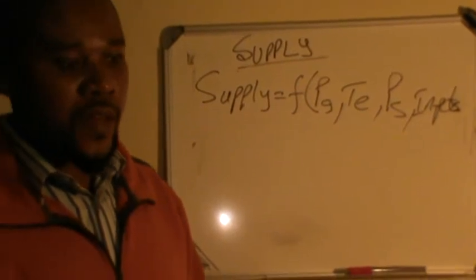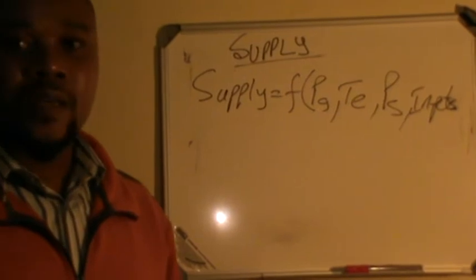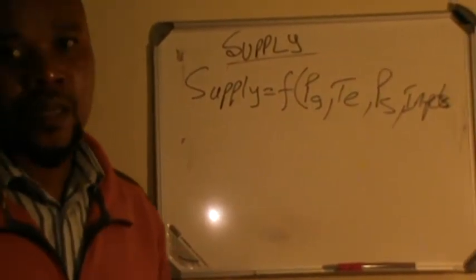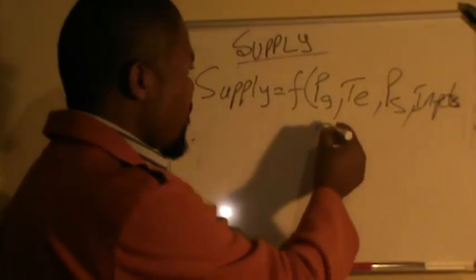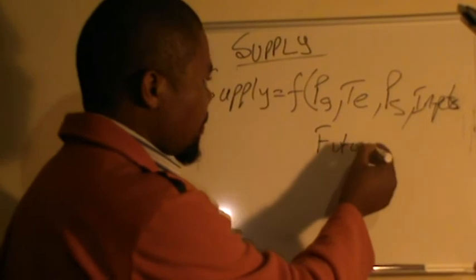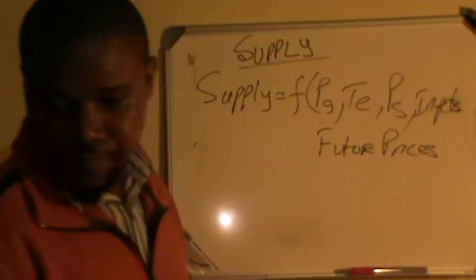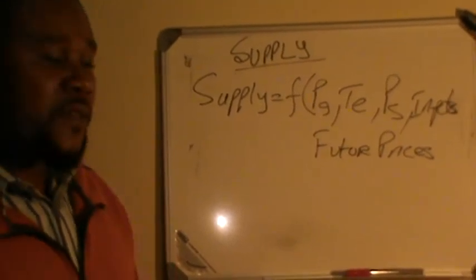If you know that a particular good is going to attract a higher price in the future, you're going to invest more into targeting that particular market. So that is future prices of the good that you want to invest in.